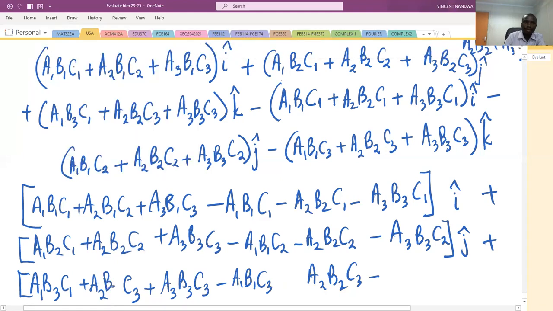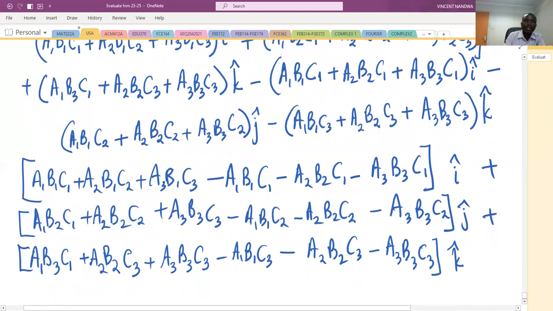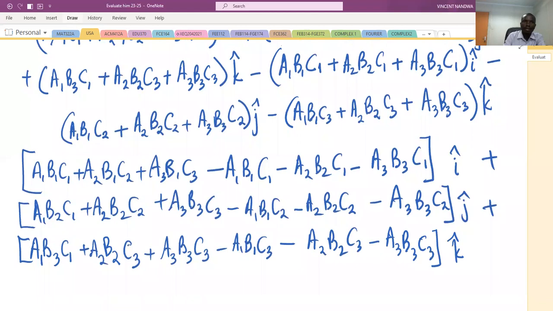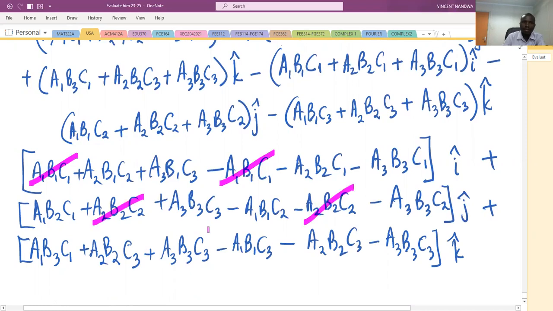And then A3 B3 C3, then K. So within this bracket, some terms will cancel out. So this and this, this and this, this and this.